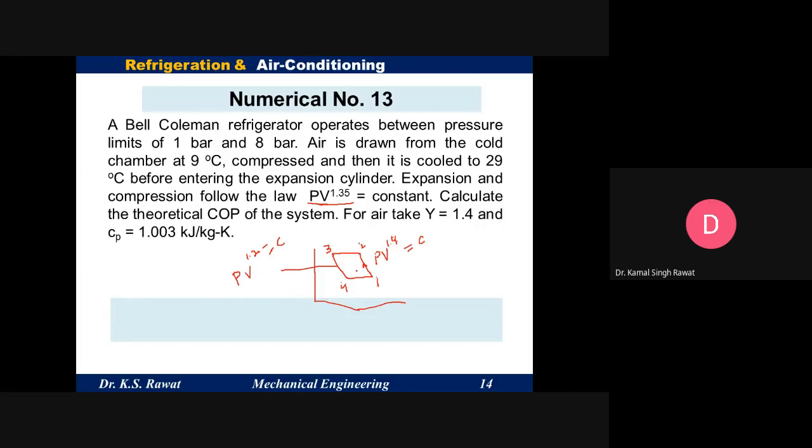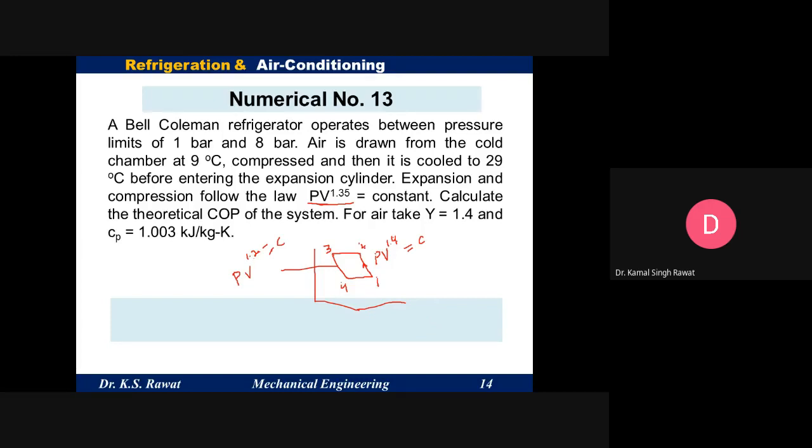Yes. So when you are dealing with process 1 to 2, then you will follow T2 by T1 equals P2 by P1 to the power gamma minus 1 upon gamma. Or when you are dealing with process 3 to 4, then you will follow T3 by T4 equals P3 by P4 to the power n minus 1 upon n. And the value of n is 1.2.